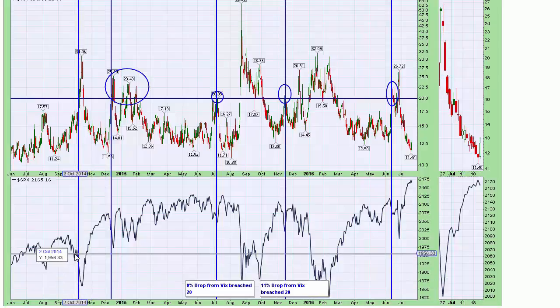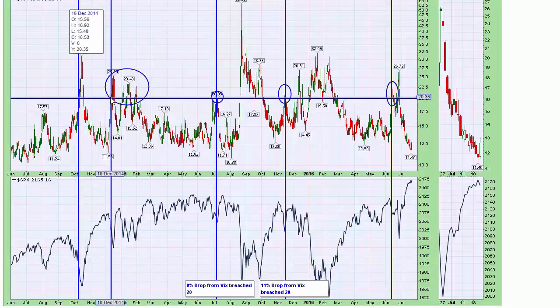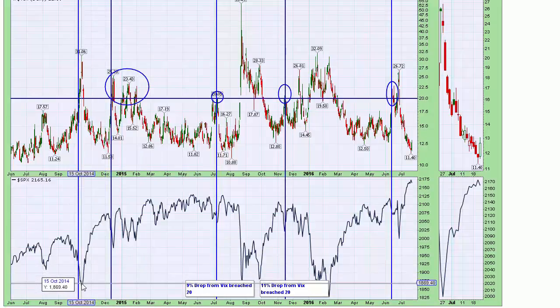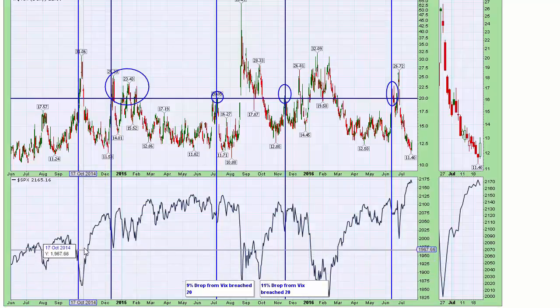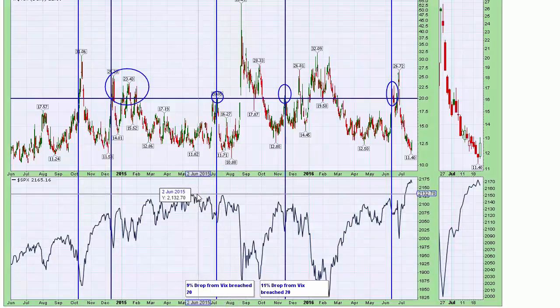So if you learn anything from this chart, that initial breach of the VIX of the 20, if it continues to fall, maybe there's a bottom that's about to be put in place. But if it immediately bounces, I would be cautious and make sure before you put all your capital back to work that the S&P 500, or whatever index you are looking at, continues to break out to new highs.